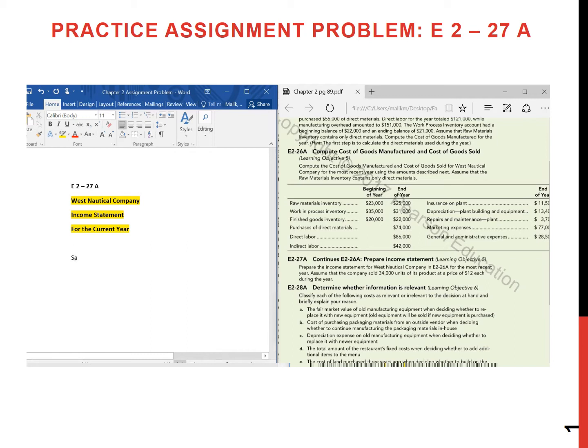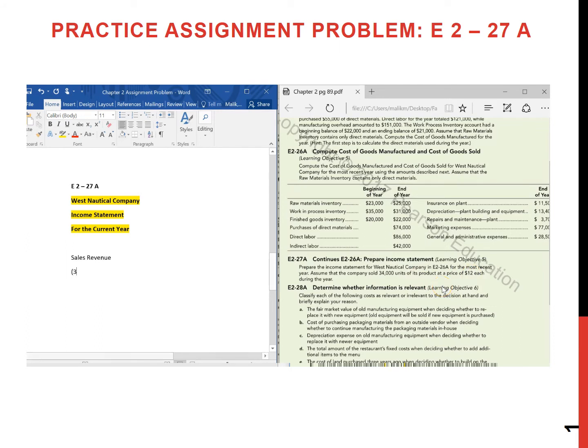First, we will write our sales revenue. So sales revenue, you need to do little calculations. So how you will calculate sales revenue? You need to check how many units you sold. And what was your selling price? So you sold 34,000 units, and each unit you sold for $12.